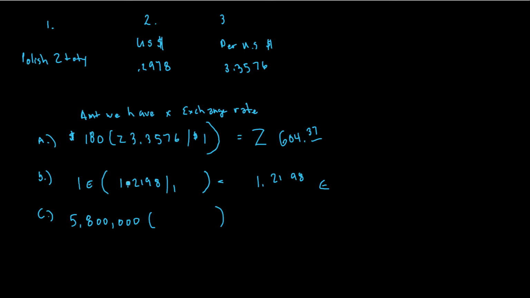We need to multiply that by the exchange rate, 1.2198 per euro, because 1.2198 euros gets us $1.